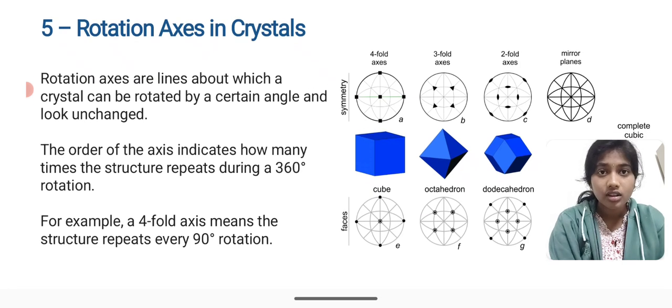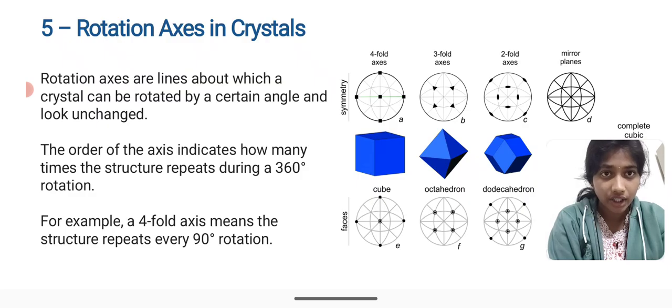Next, rotation axis in crystals. Rotation axes are lines about which a crystal can be rotated by a certain angle and look unchanged.